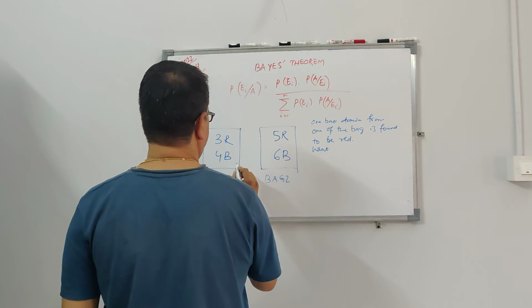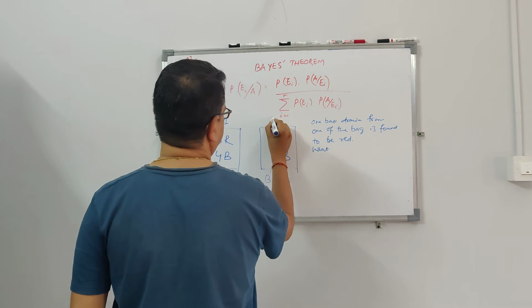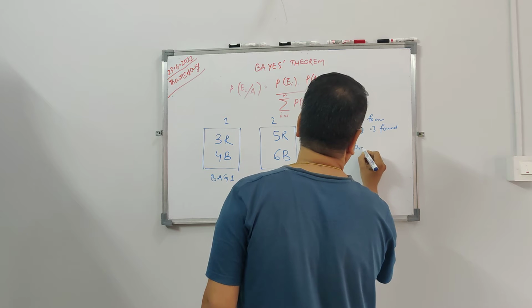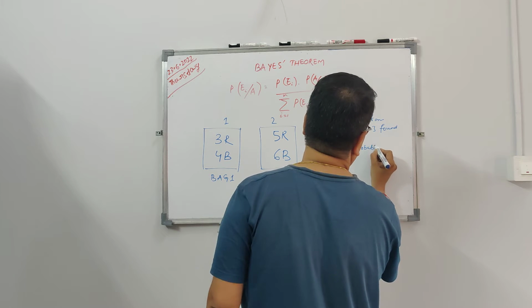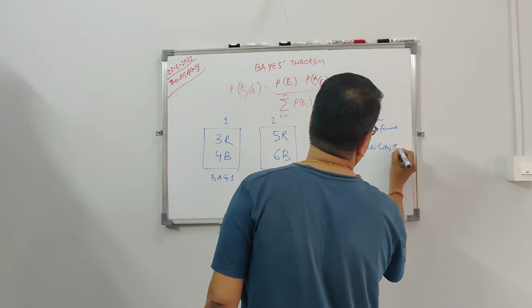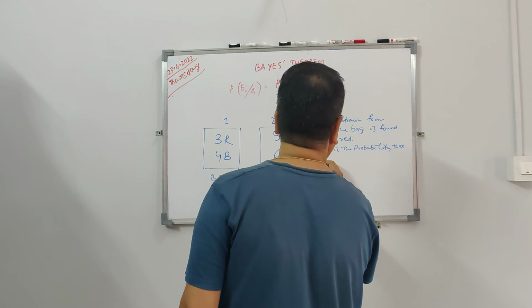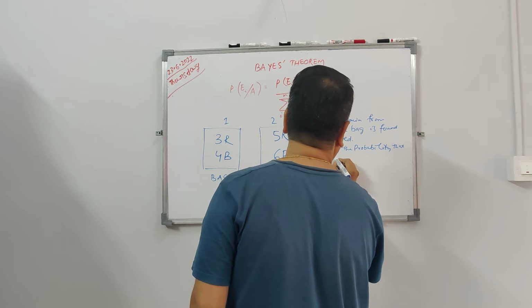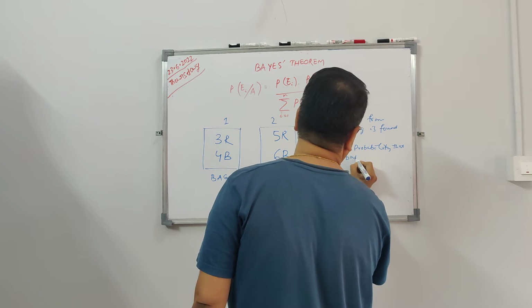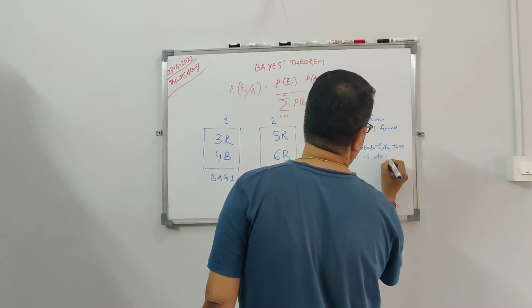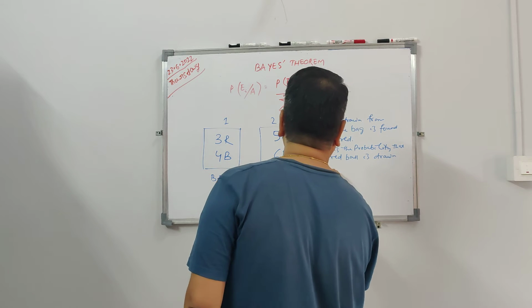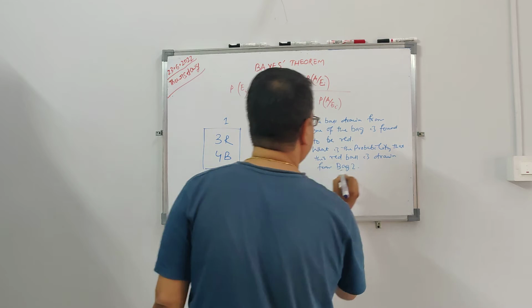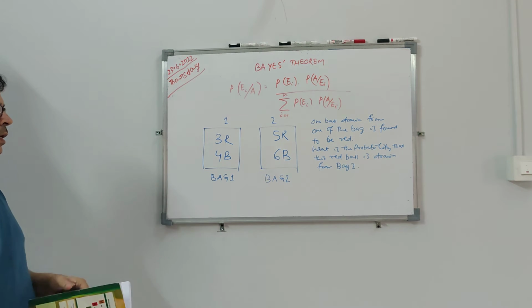So this is bag 1, this is bag 2. What is the probability that this red ball is drawn from bag 2? That's the question.